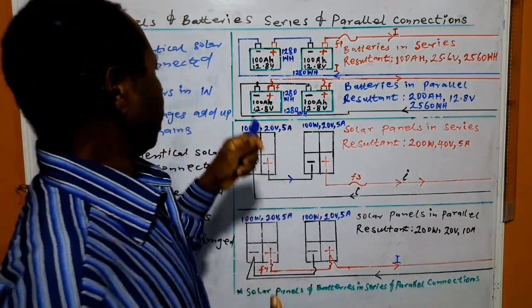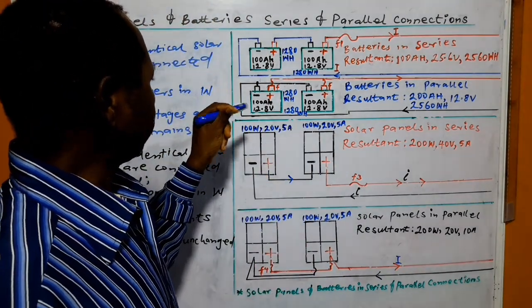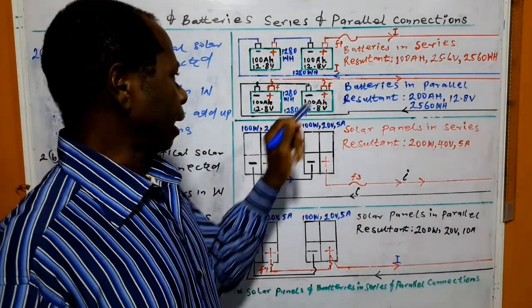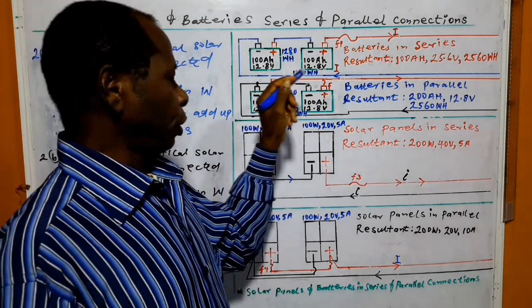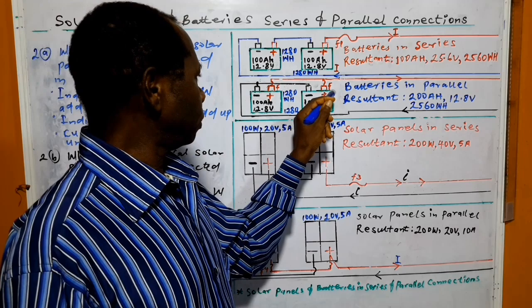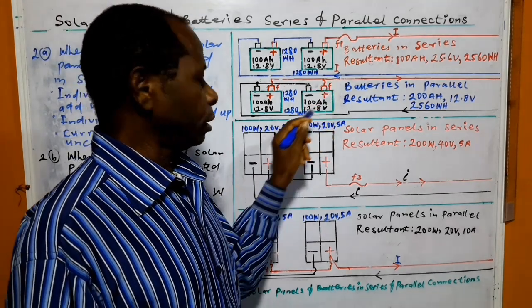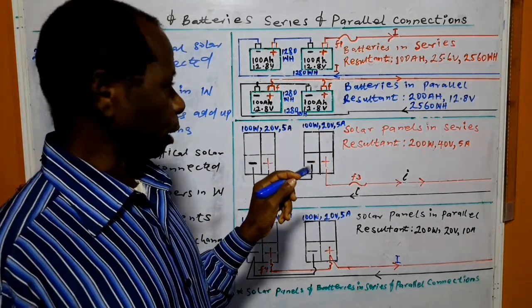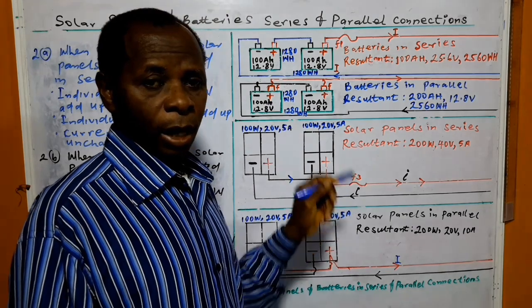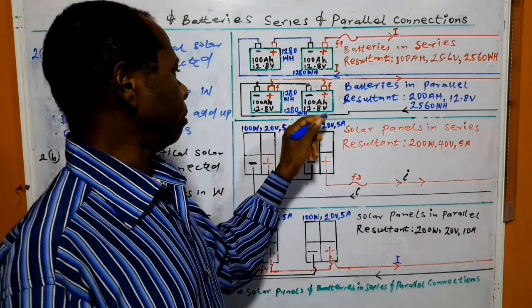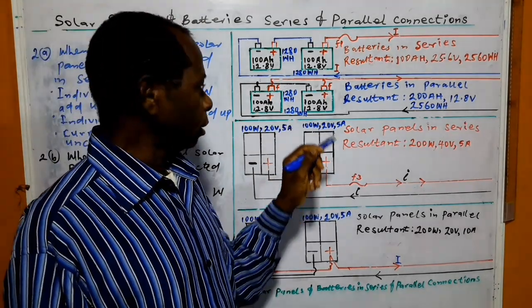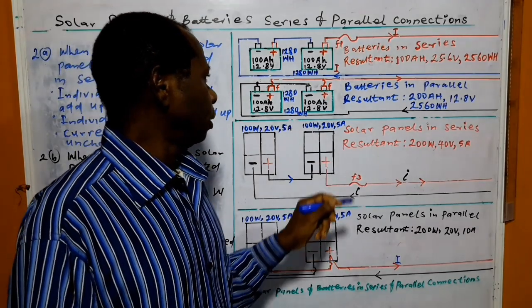Furthermore, and conventionally, when batteries are connected in parallel like this, the input or the output cables are usually connected to the same battery. The positive cable and the negative cable are usually connected to the same battery. That is not the case here.